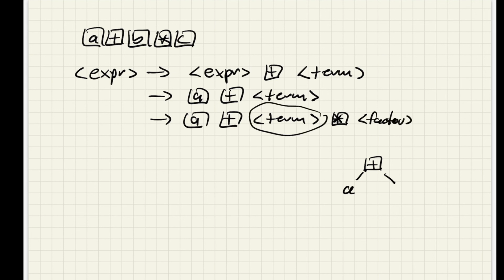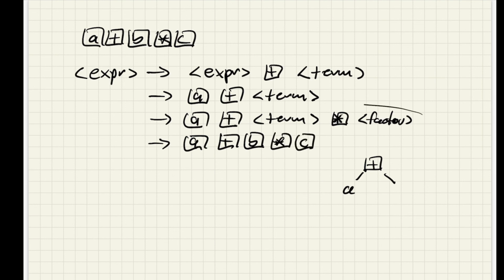And then of course from this term I produce just a factor, and from this factor B, and from this factor C. So this will produce A followed by plus, followed by B, followed by the asterisk, followed by C. But you see that this also generates a new node, the child node here, the asterisk, which has B as left child and C as right child.